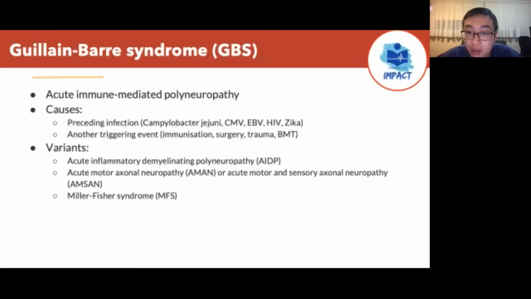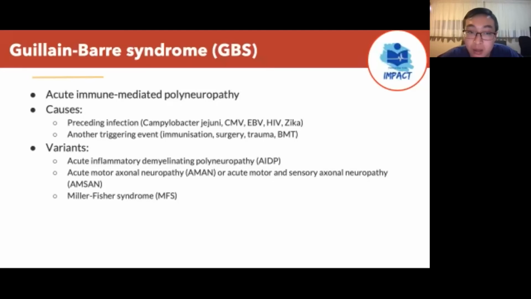You may be aware that adenovirus-vectored COVID-19 vaccines, so AstraZeneca or Johnson & Johnson, have been associated with VIPIT, so vaccine-induced immune thrombotic thrombocytopenia. But the other thing that they think a signal is now emerging for is Guillain-Barré syndrome.